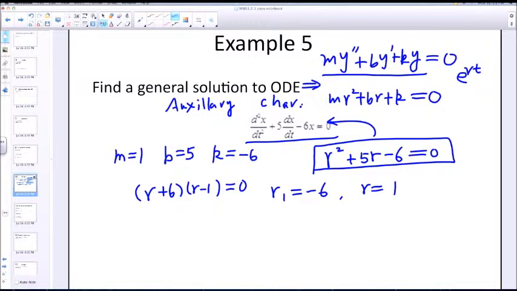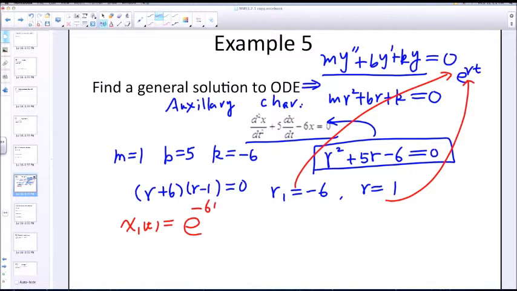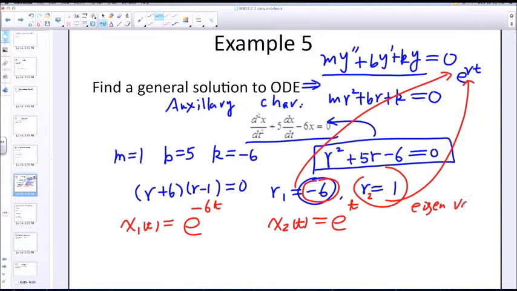Those 2 real solutions really give you the solutions to the differential equation. Then my x1(t) is going to be e to the -6t. That's the first one. x2(t) equals e to the t. And if you want, you can call these 2 solutions eigenvalues. That's consistent with what we are going to learn later.